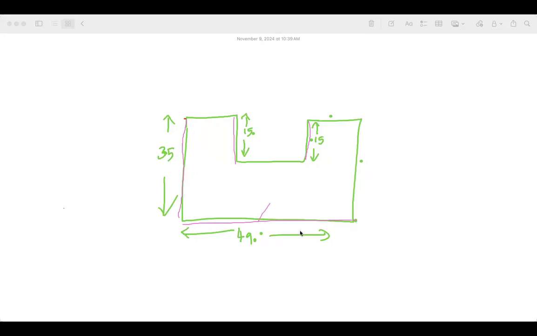And then I included this line, and I think it was 35. Good explanations, Ritu. I really like it. So I know that's 15 and 15. So that equals 30.